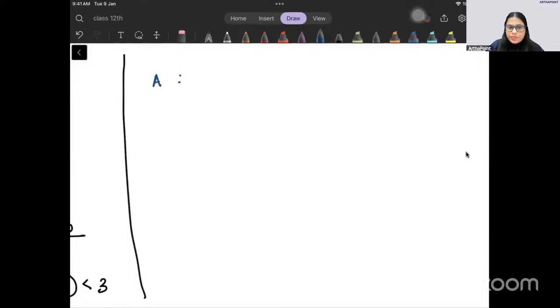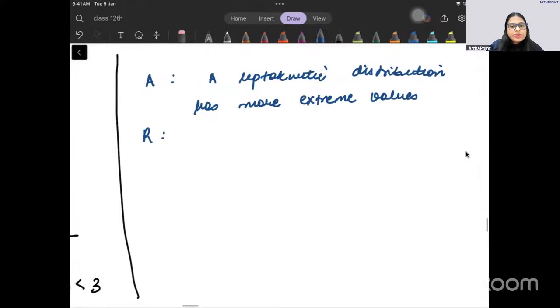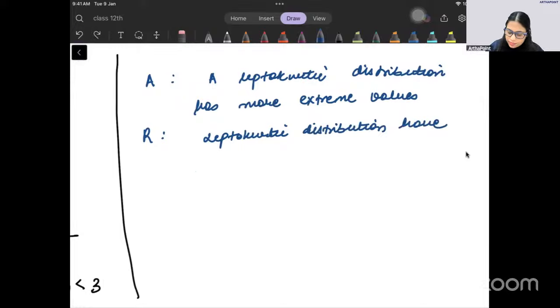So assertion: a leptokurtic distribution has more extreme values. Reasoning: leptokurtic distribution has heavier tail.